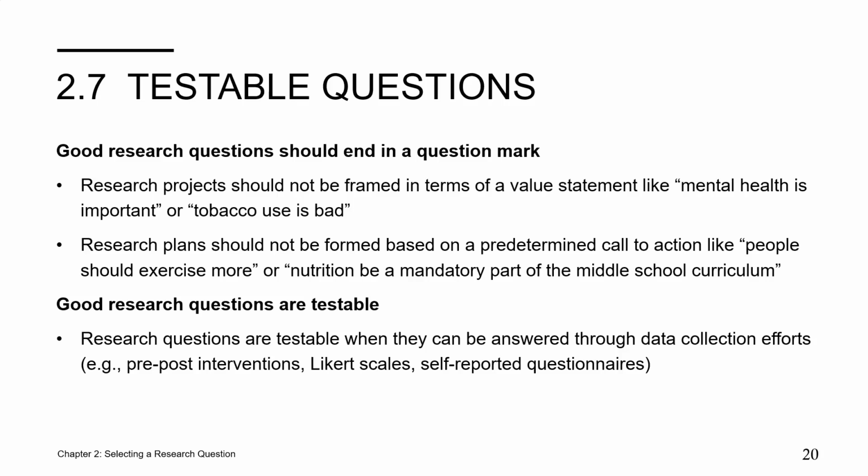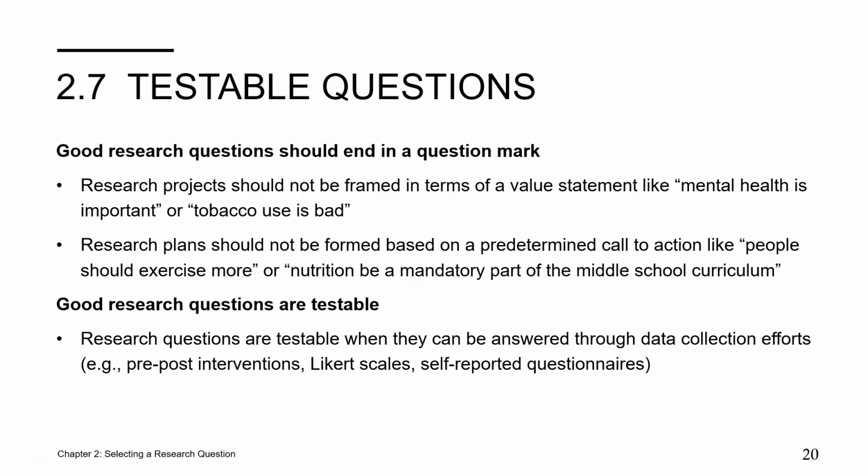So section 2.7 goes over testable questions. When you have a good research question, it should end in a question mark, but it should not be framed in terms of a value statement, like mental health is important or tobacco use is bad. A research plan should not be formed based on any predetermined call to action, like people should exercise more, or nutrition should be a mandatory part of middle school curriculum.